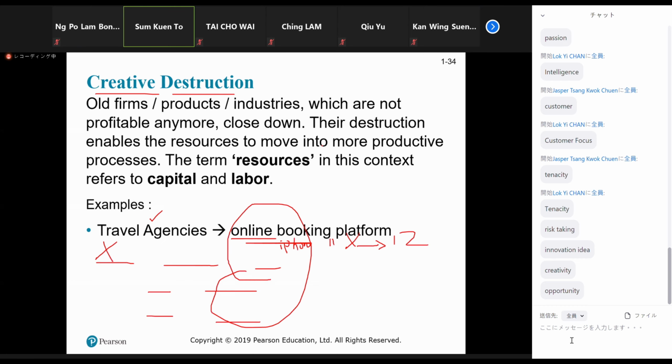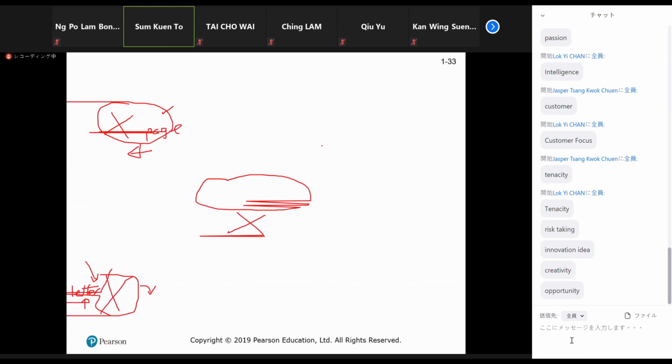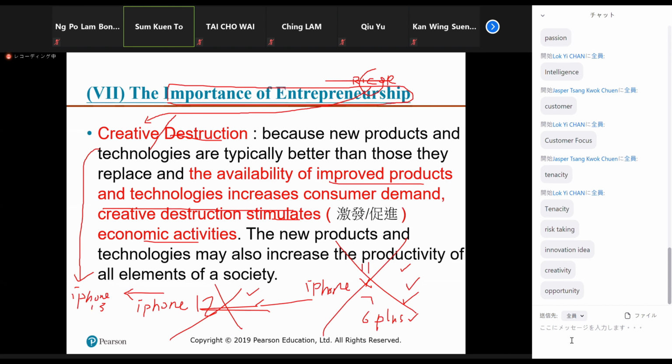What is that here? Because of the new smartphone, a lot of people are sitting outside Festival Walk, in Mong Kok, and the shopping mall Sin Tat. You create a lot of jobs. People are trading iPhone 11. Later on, people are trading iPhone 12 because iPhone 13, etc., are coming up.